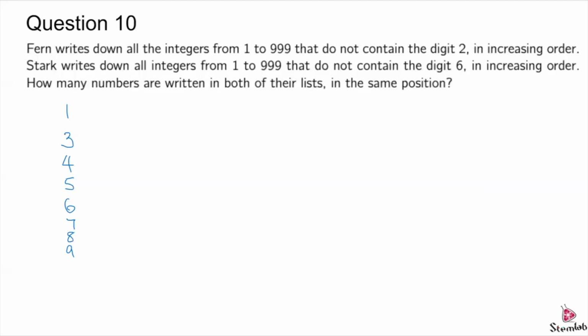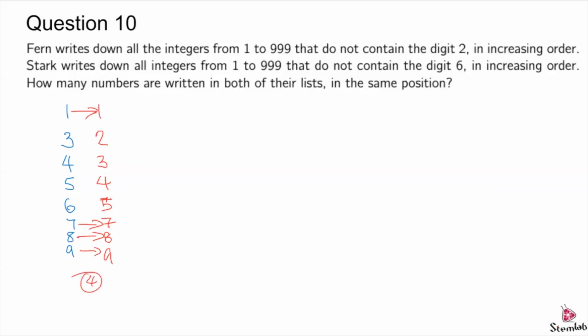And Stark would have written 1, 2, 3, 4, 5, 7, 8, 9. So as you can see, 1 matches, right? 7, 8, and 9 match. So here there's 4.